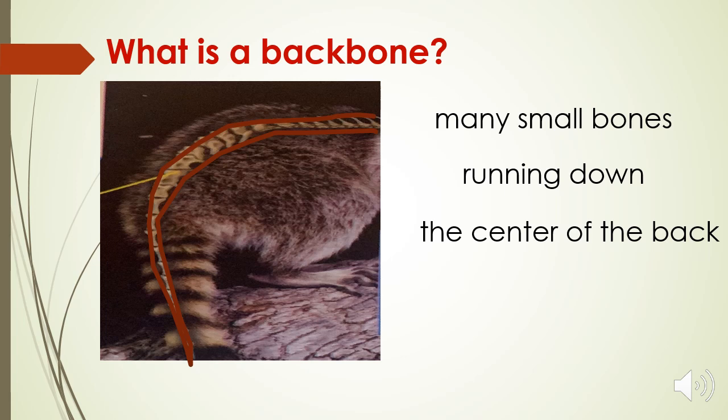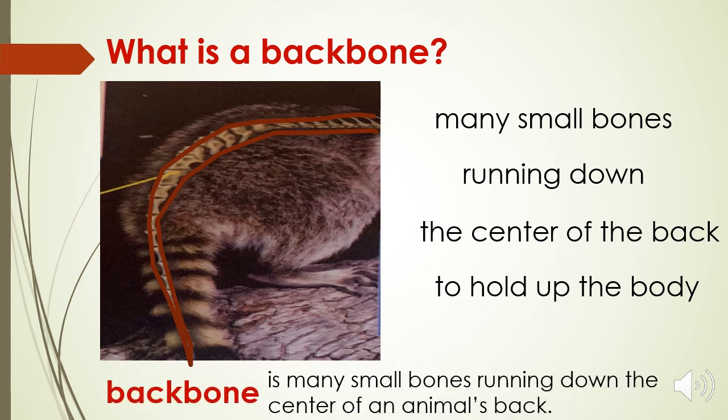So again, the backbone is many small bones running down the center of the back. What do you think? Why is the backbone important? Yes, to hold up the body. It helps hold up the body. So again, a backbone is many small bones running down the center of an animal's back.